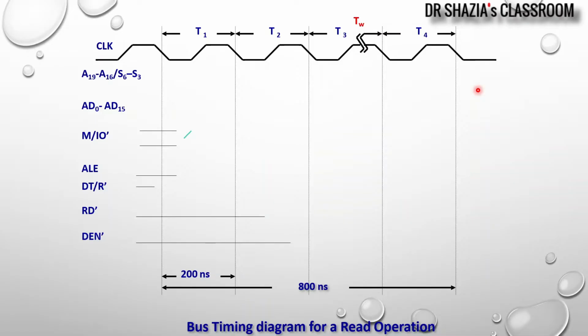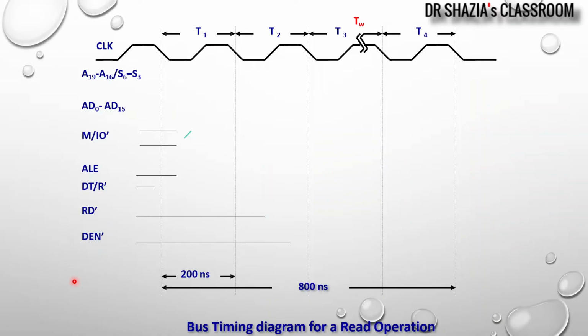We know that the different types of signal involved in bus cycle operations are: the address and data bus, which is AD0 to AD15, A16/S3 to A19/S6, then M/IO bar, ALE, BHE bar, DT/R bar, read bar and DEN bar. As it is a read operation, I have not shown the write signal in this diagram.